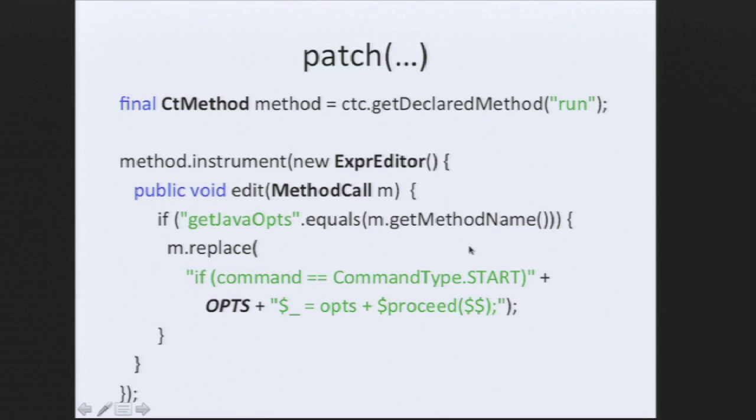And inside that method, basically we had to intercept the logic which was applying the JVM arguments on the fly. So get Java options, and if we see that the method is called, we basically add our own arguments to that one.